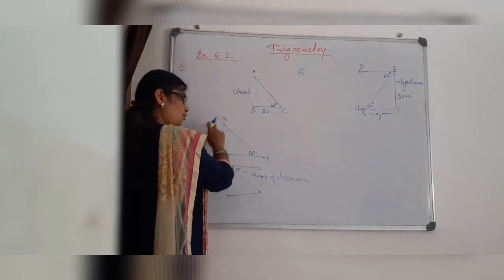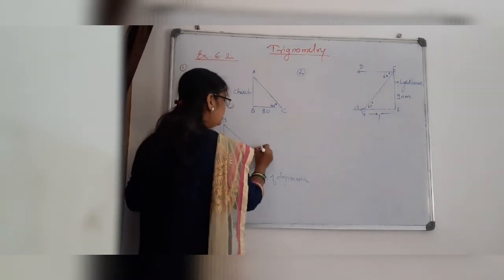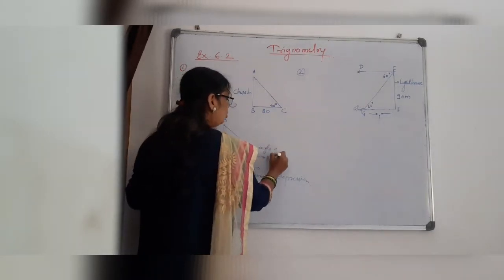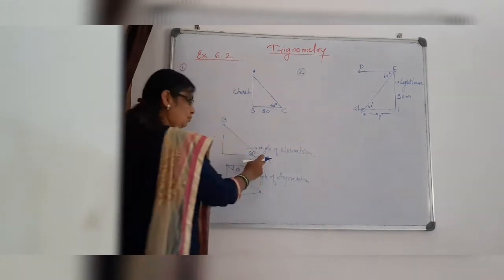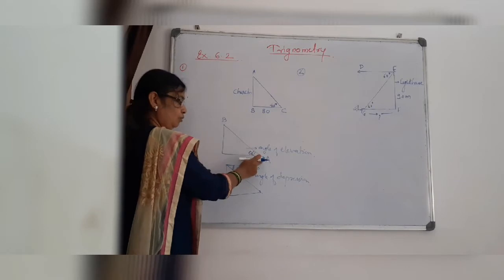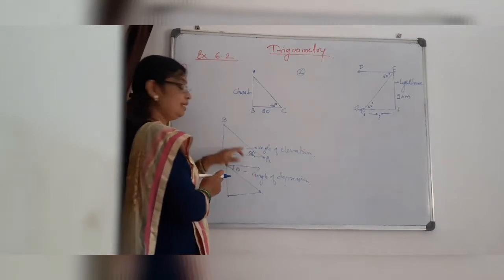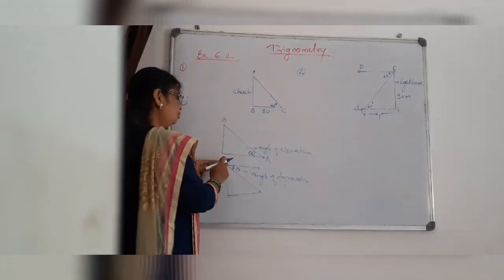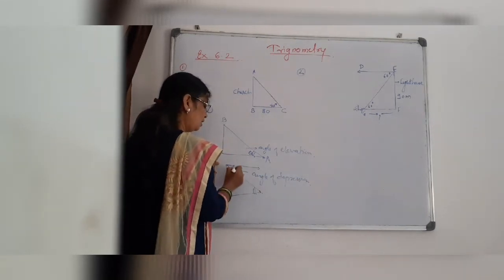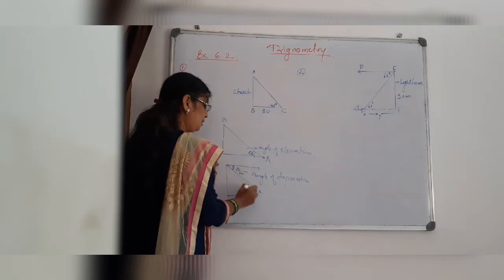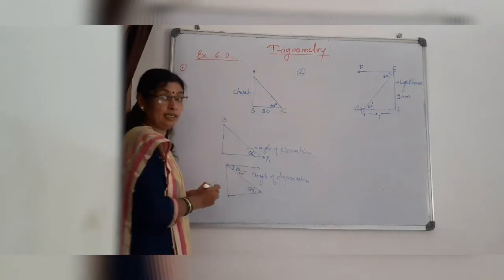From bottom to top, it is the angle of elevation. And these two angles are always equal. These two are which type of angles? Alternate angles. Now if it is 60, then here also you have to take 60.